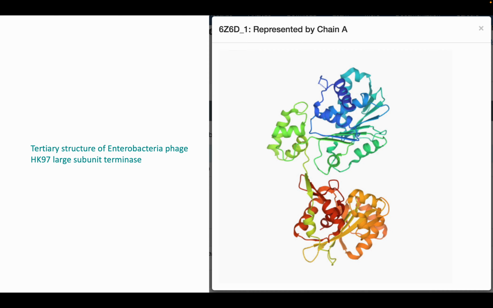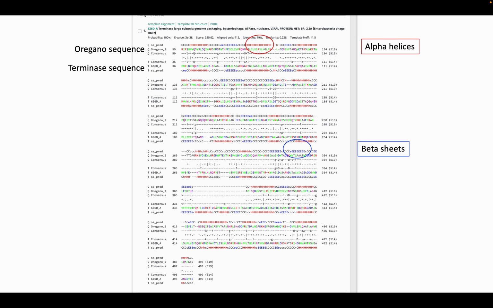They know exactly how this protein folds, and they know where every single amino acid is in the three-dimensional structure down to the angstrom. What HHpred does is it predicts the structure of the Oregano sequence based on its primary sequence. So based on the chemistry of the amino acids and the order in which they occur in the primary sequence, they can predict what both the secondary and tertiary structure is.